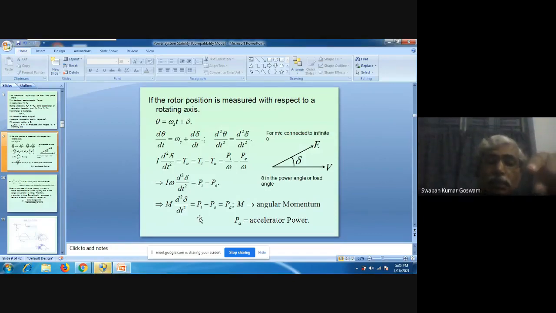But here, instead of solving this, we want to understand the problem of stability. What are the problems involved? How may the stability be improved? What are the factors that have an impact on the stability of a power system? We are interested to know all this first, and then we shall go for analysis.